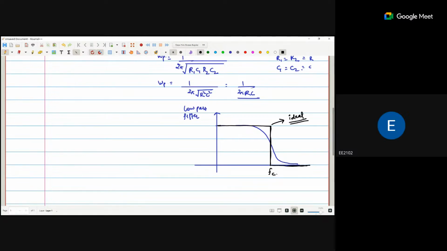But practically the response will be the blue one. So we can say this is the pass band, this is the stop band, and this one is called the transition band.